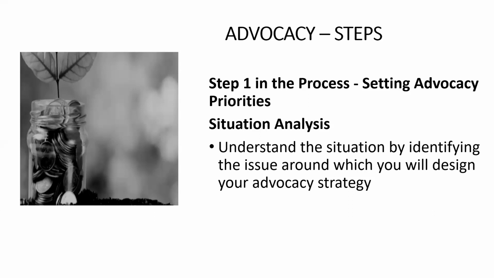So the first step is developing your advocacy priorities, and that was actually one of the first worksheets that we had given you to complete, because it is important to be able to identify what policy-related problems and needs your CSO will be addressing. So what are the main issues? What are the problems?